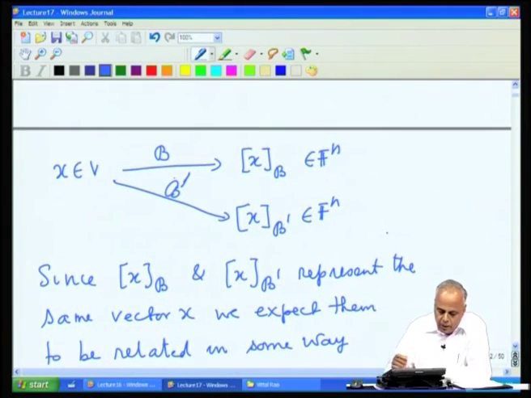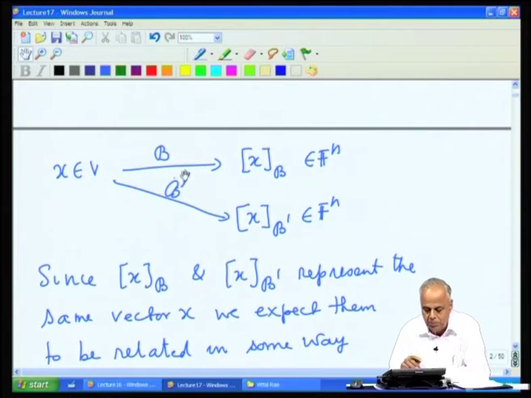Obviously, the connection must come from the connection between the basis B and basis B prime, because these are the two fellows taking x into two different vectors. So, the connection between B and B prime will establish the connection between xb and xb prime.